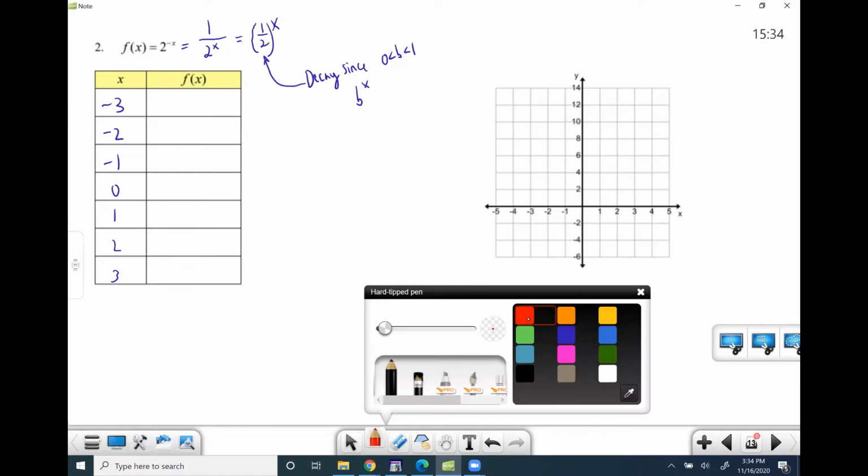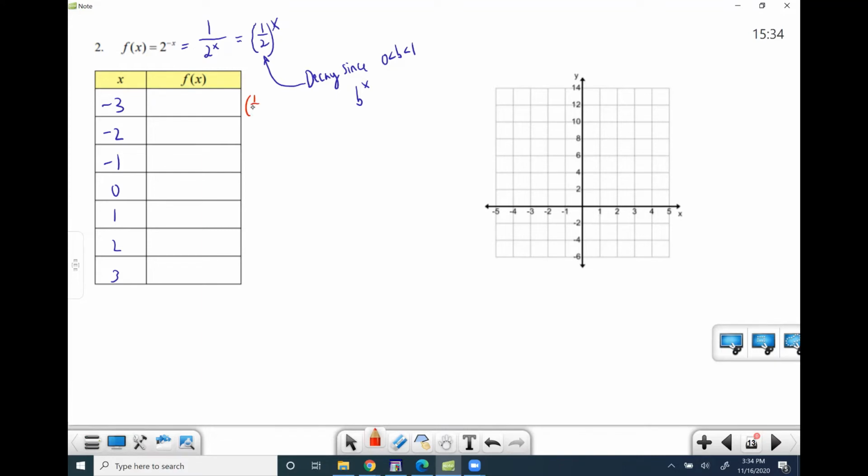So -3 as an exponent. Ooh, another challenge for you. Do you remember what to do when you have a fraction raised to a negative?